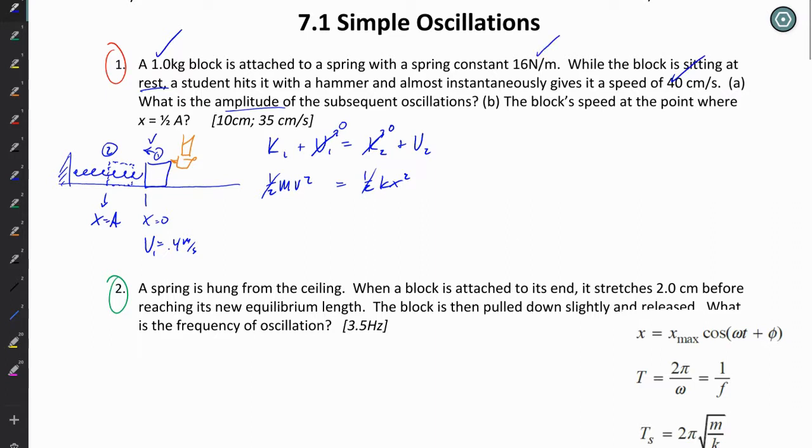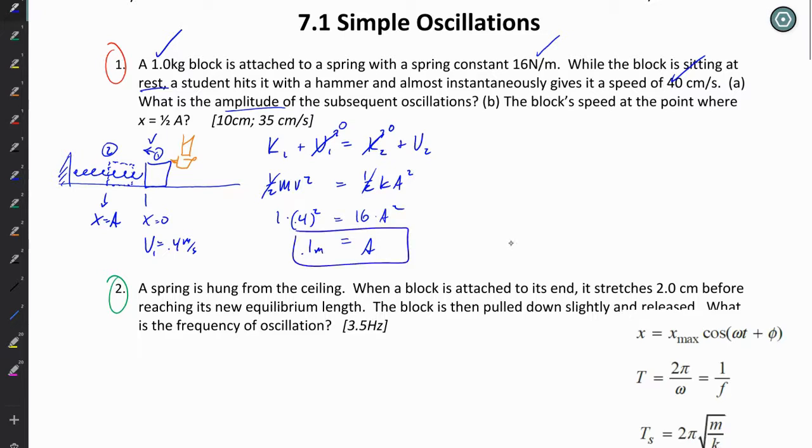All that's left to find is this x, which I'm going to replace with A because we're looking for the amplitude, the maximum displacement. So mass is 1 times the velocity, 0.4 squared, equals 16 times A squared. And when we do the math, which I've done earlier, we find that the amplitude is 0.1 meters.